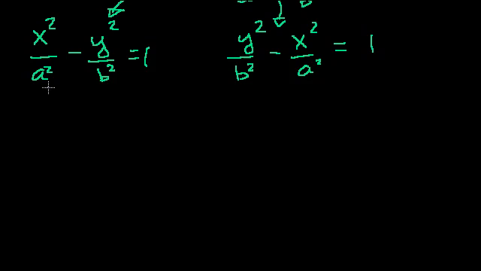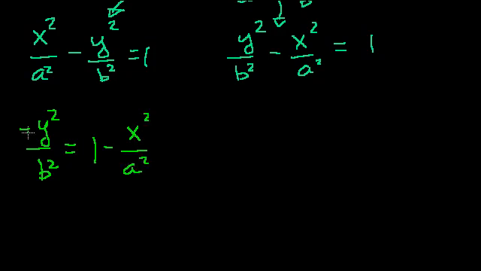And what I like to do whenever I have a hyperbola is solve for y. So in this case, if I subtract x squared over a squared from both sides, I get minus y squared over b squared, that stays there, is equal to 1 minus x squared over a squared. And then I want to get rid of this minus, and I want to get rid of this b squared.